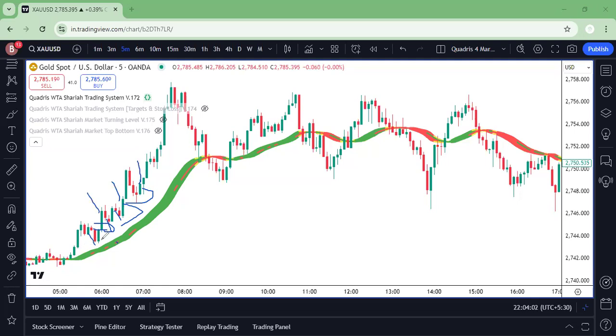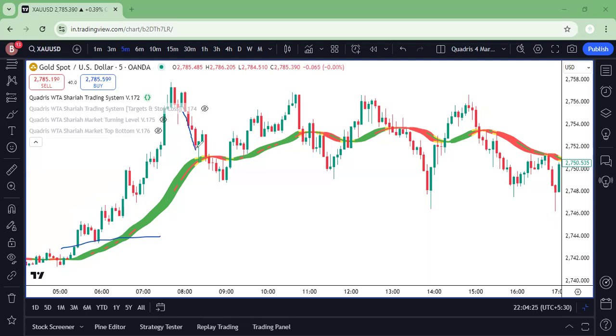It is up to you where you want to enter, but it will give you a fair idea that things are in my favor. If I have bought at this particular level at 2744, I'm talking about gold, XAUSD, I can hold on till I get an indication that prices are coming down.